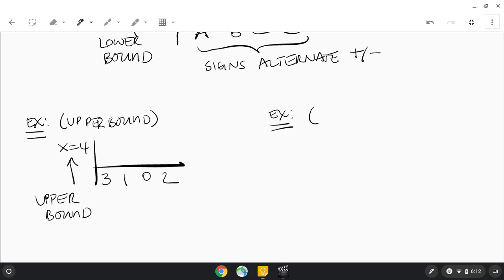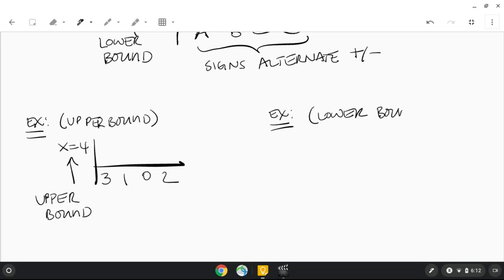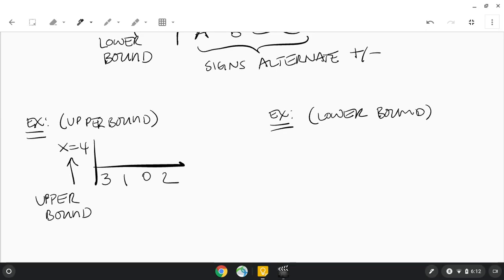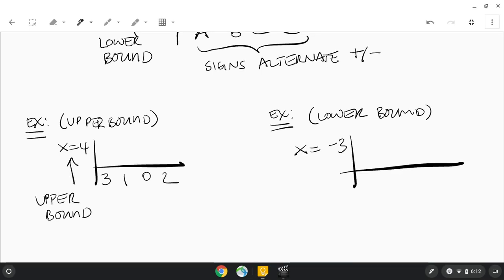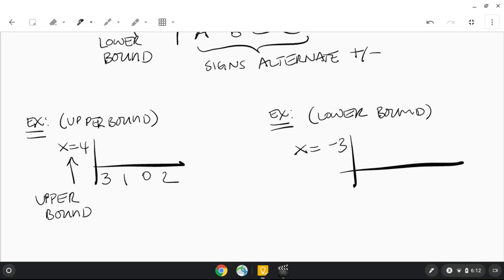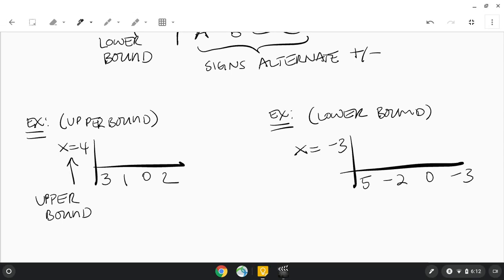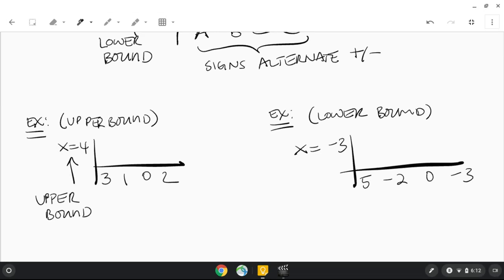And here, this is what your results would look like if you end up finding a lower bound. Let's suppose you were trying x equals -3 in your synthetic division, whatever your polynomial is, and then suppose you end up with this result: 5, -2, 0, -3. It alternates signs, positive, negative, positive, negative.